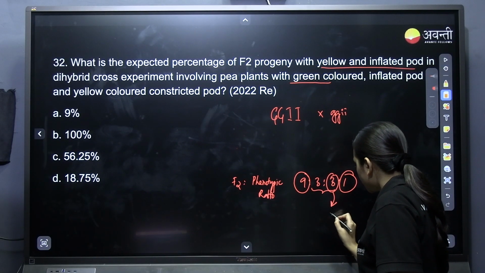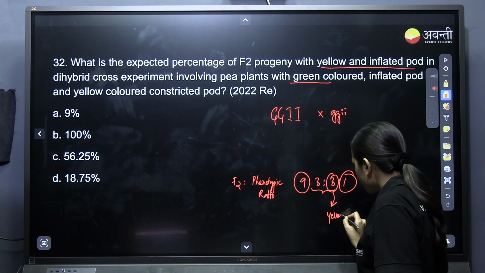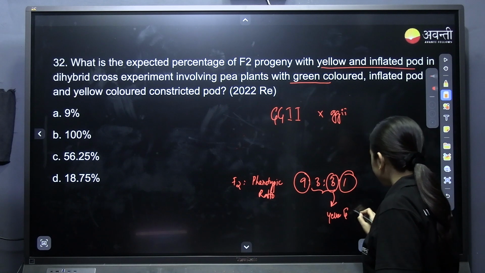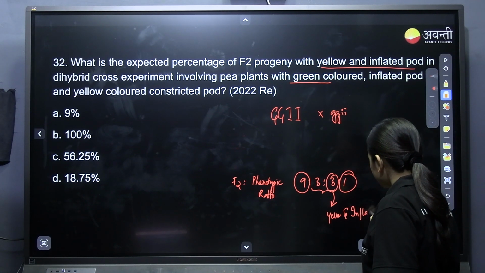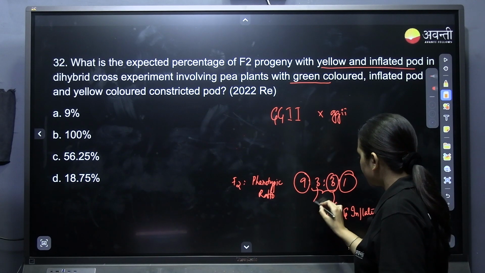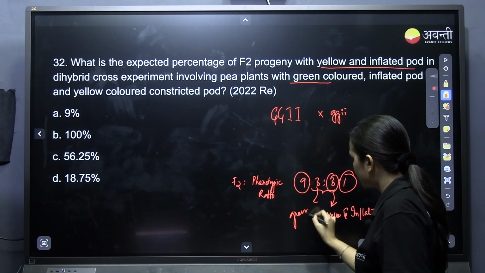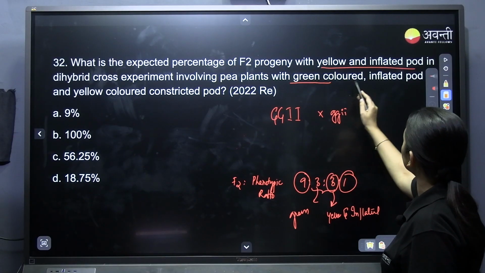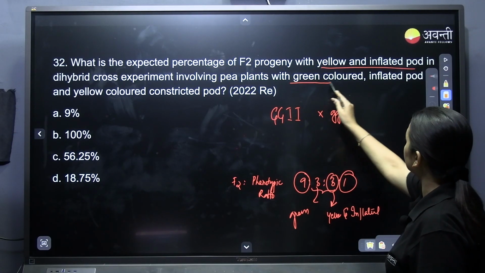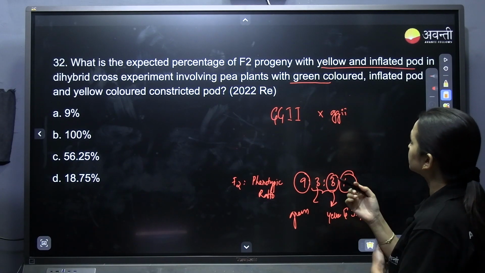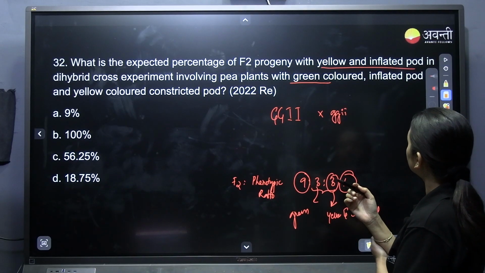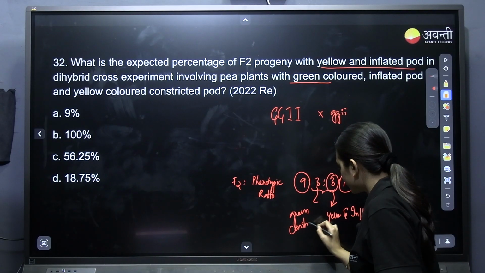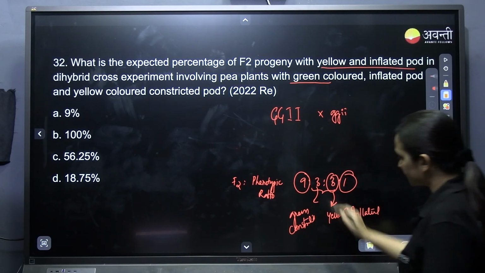So this could be yellow and inflated, and this one is green and constricted.